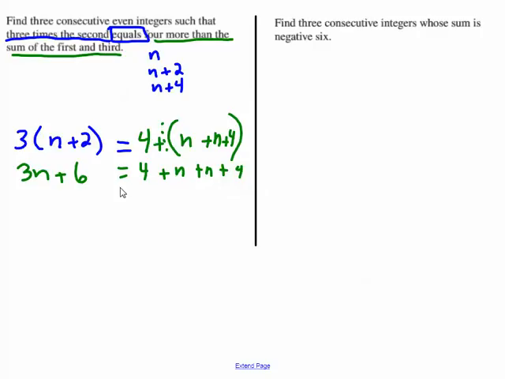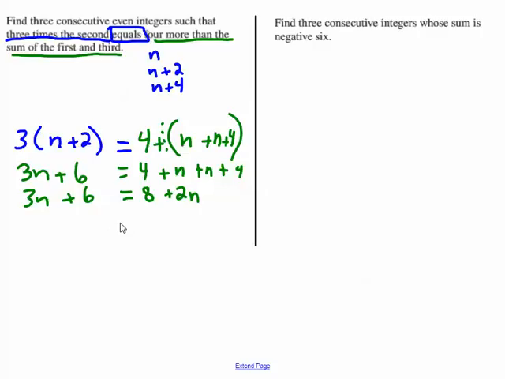All right, so now combining like terms would be the next step. We've cleared parentheses. So on the left side, 3n plus 6 stays as 3n plus 6. 4 plus 4 are like terms, 8. Plus n becomes plus 2n, because 1n plus 1n becomes 2n.